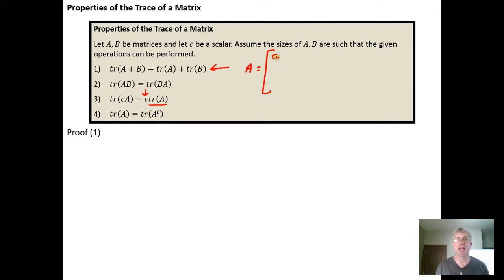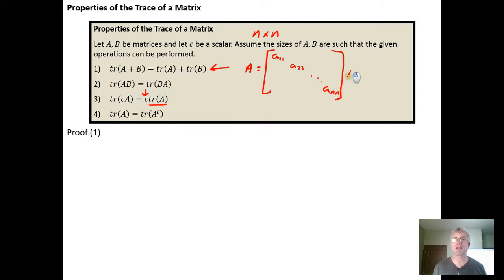Element a11, row 1, column 1, is on the main diagonal. Row 2, column 2: the row and column number must match if you're on the main diagonal. So a11, a22, all the way down. If this is an n by n square matrix, then the last element is going to be a sub nn.